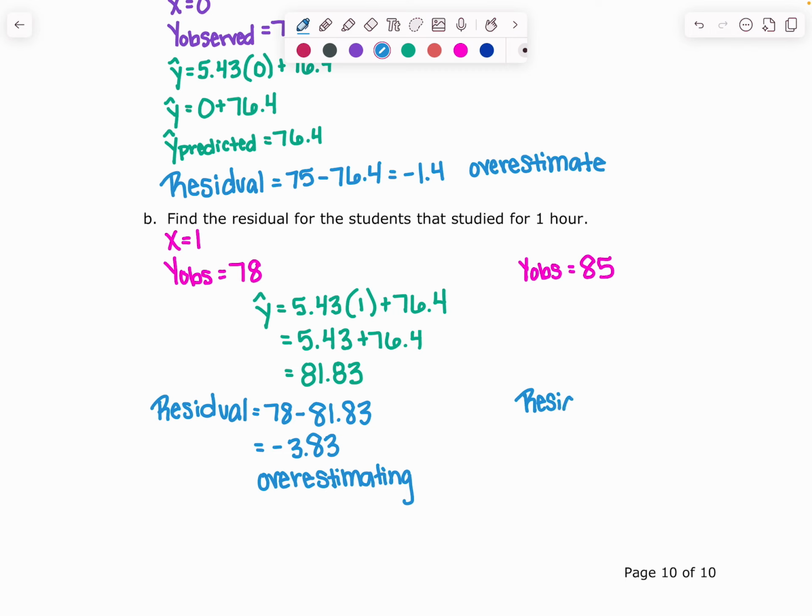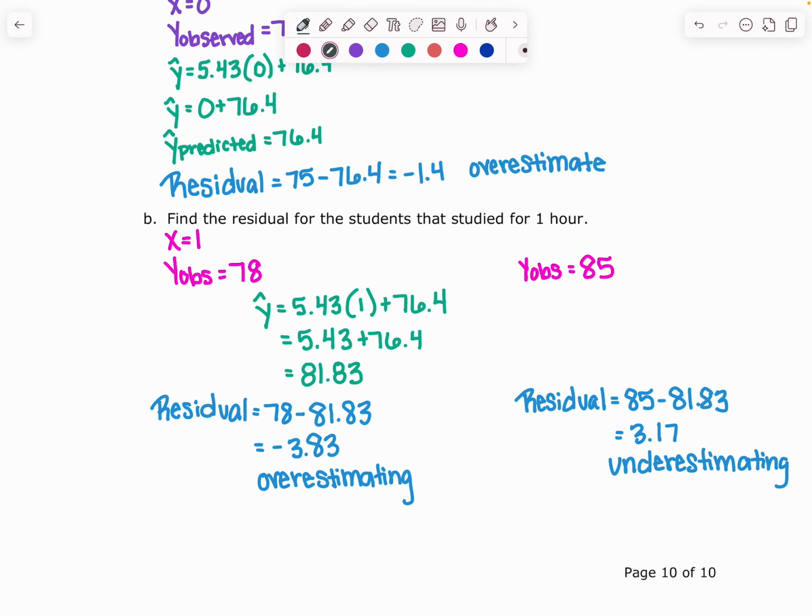The second student, their residual calculation is an 85 minus 81.83. And that is 3.17. And now the equation is underestimating. And it's over and underestimating by almost the same amount.